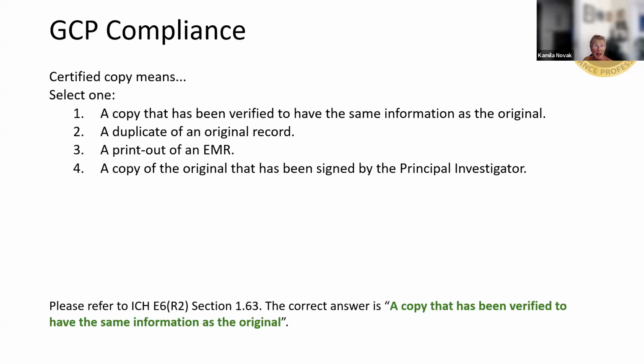But without anything else, if it just says printout, can I be sure? Maybe yes, maybe I have doubts, and maybe I would clearly expect that there should be an update. So it depends also on the type of the record, and look at it from the RQA lens. Is it complete? Is it attributable?